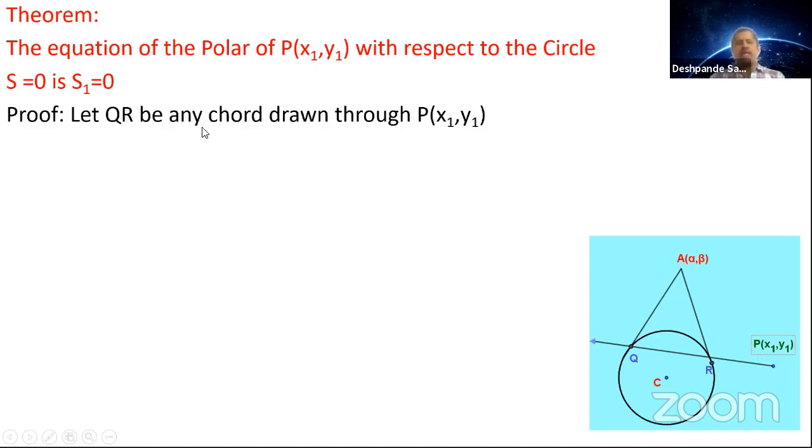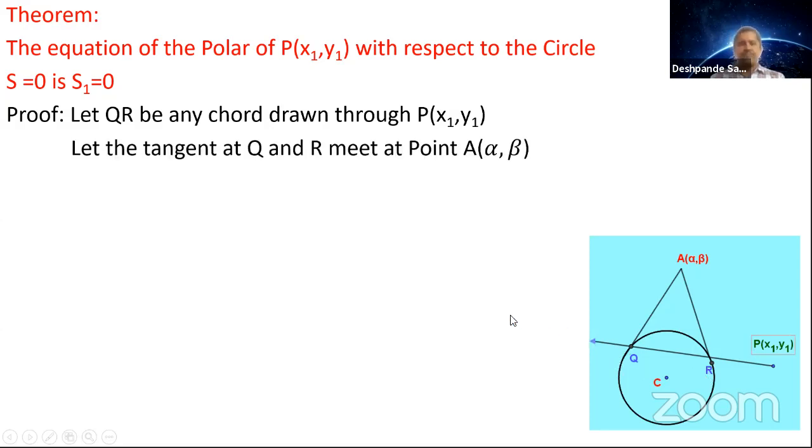So let QR, the line segment QR, or you can say the secant, be a chord drawn through point P. So you're starting from the point P and drawing a chord. You can also call it a secant.